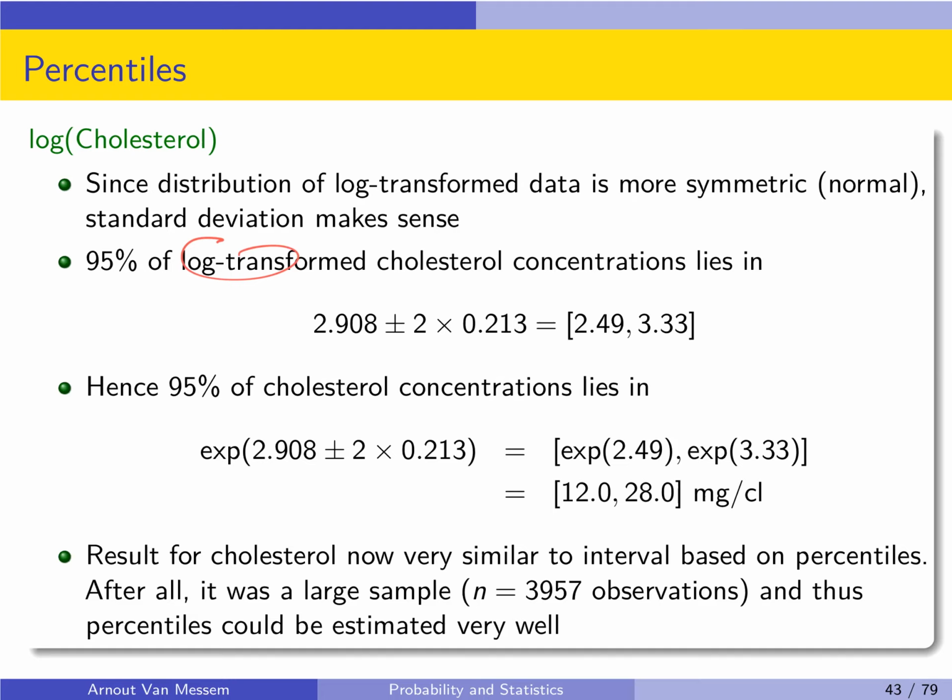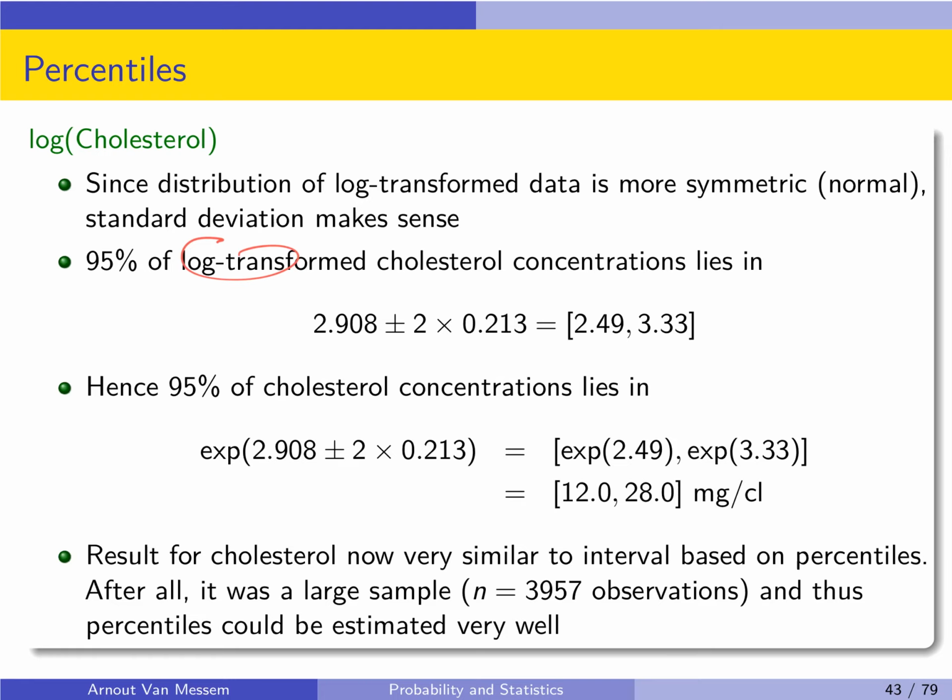So 95% of the log transformed cholesterol concentration lies in the reference interval between 2.908 plus or minus 2 times 0.213. So 2.908 is my sample mean, 0.213 is my sample standard deviation, and I find a 95% reference interval, going from 2.49 up to 3.33.